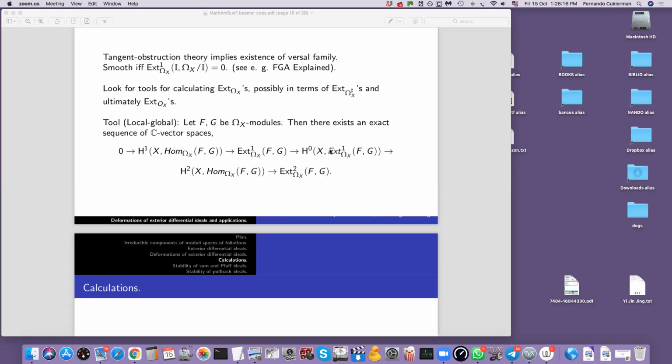So this local Ext has to do with the kind of singularity. For example, if the foliation was non-singular, this would be 0. But there are singular foliations, which we call unobstructed singularities, where this sheaf is 0. And then this will be equal to this. Okay.